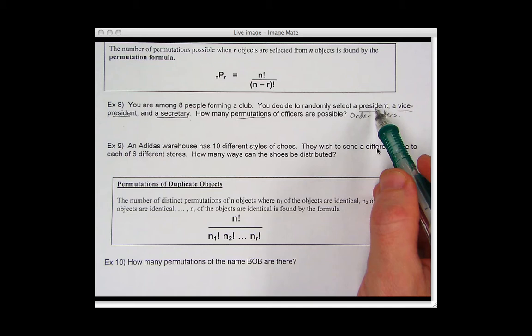So again, let's go ahead and write this one out. So we have 1, 2, 3 spots. Start with the number 8, then 7, then 6. And this gives us 336 ways to choose a president, vice president, and secretary.